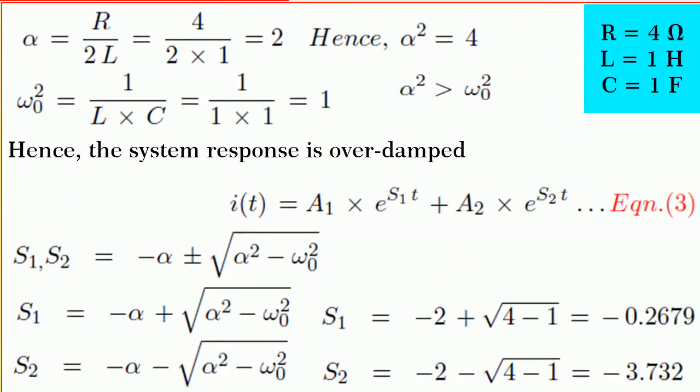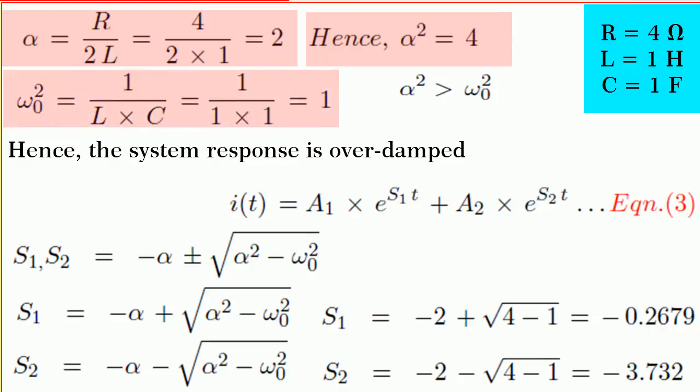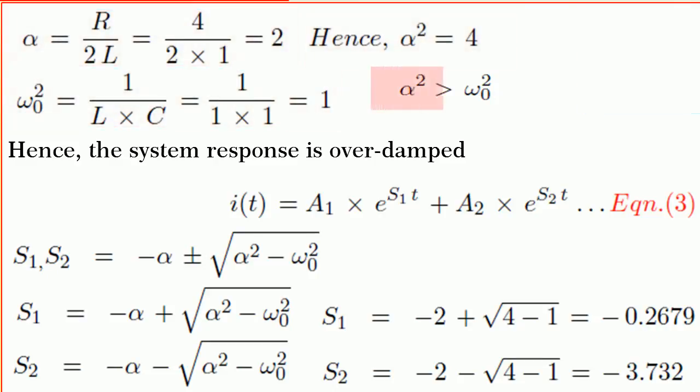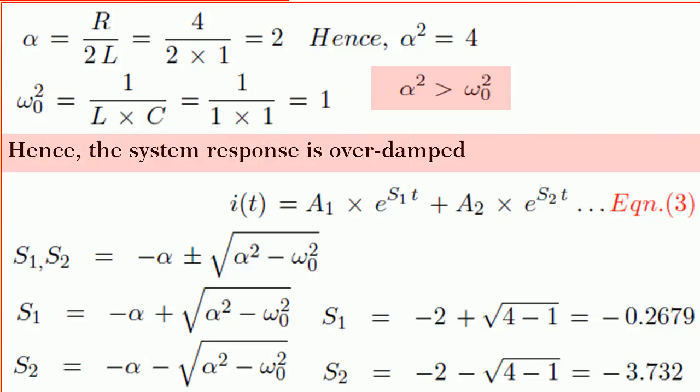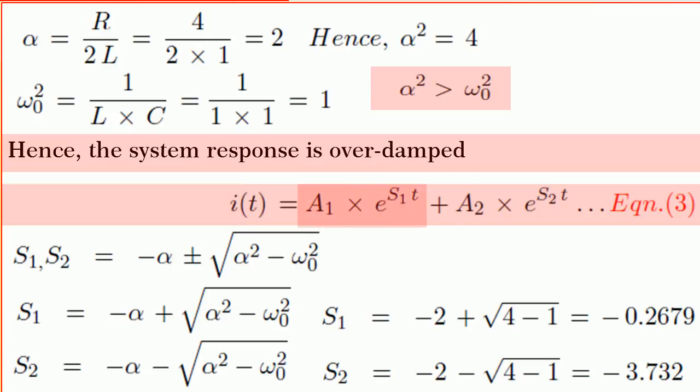Using the given values of R, L and C, we get alpha equal to 2, alpha square equal to 4 and omega naught square equal to 1. So, we see that alpha square is greater than omega naught square. Hence, the system response is overdamped, whose solution is i(t) equal to a1 times e to the power of s1 t plus a2 times e to the power of s2 t.